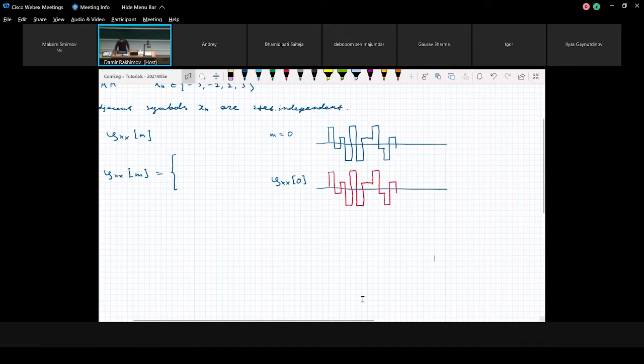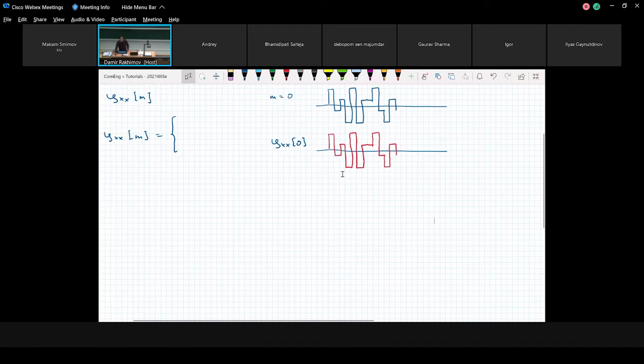Okay, now we have another sequence. What you actually do when you calculate autocorrelation for shift equal to 0 is calculate the square value of your sequence and then average over all results. If I do this here, the first product gives me 9, the next product gives me 1, 1.